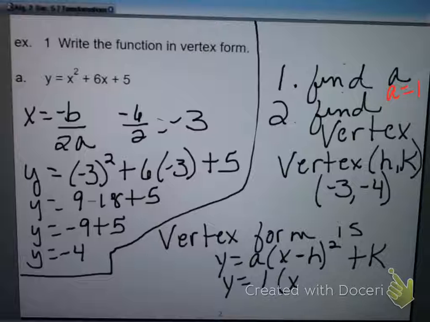So it's going to be x minus a negative 3, quantity squared plus k, and k is negative 4. Now let's clean this up a little bit. We don't have to write the 1. If a is 1, you can just drop it. We're going to clean up inside the parentheses. x minus a negative 3 is x plus 3, quantity squared minus 4. And that is the vertex form.